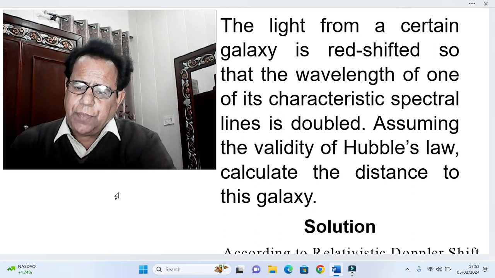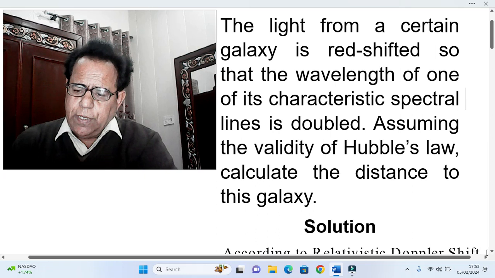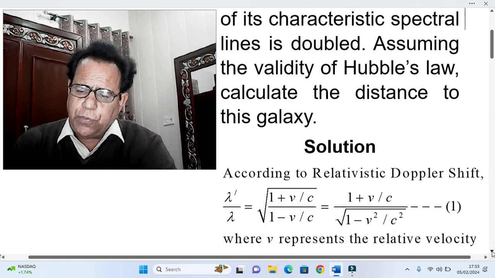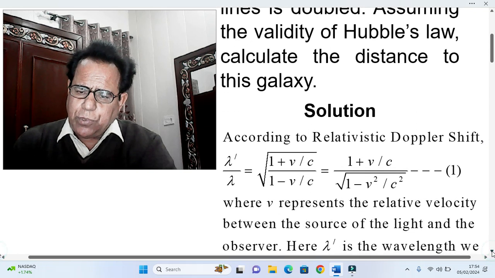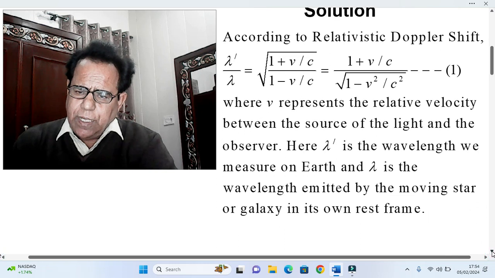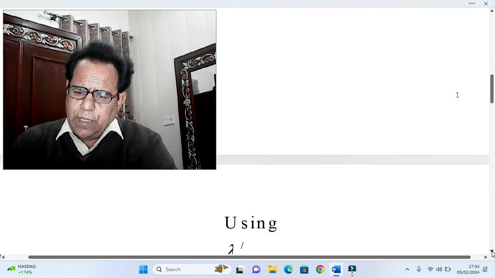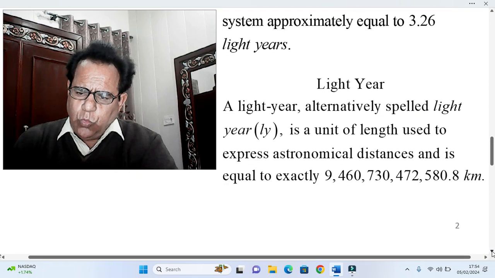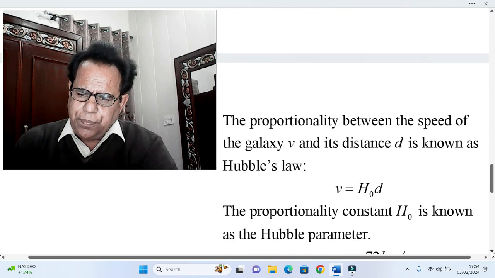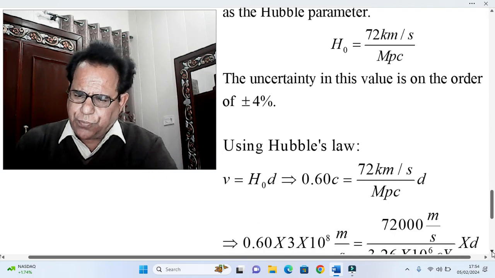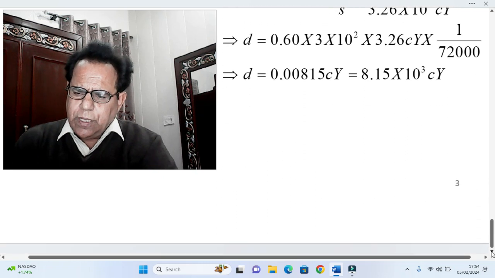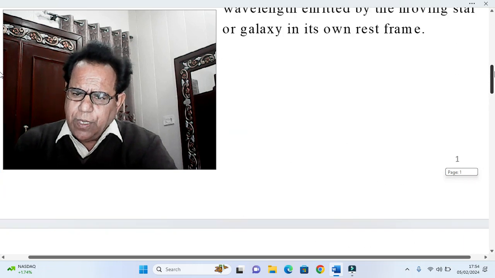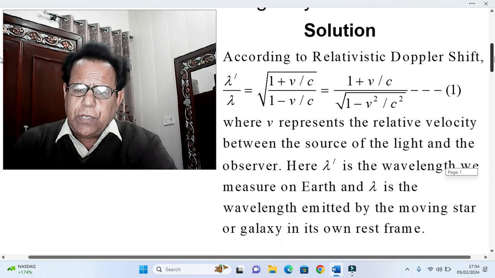As usual, before starting its solution in a formal manner, we will have to go through a few snapshots, three or four snapshots, before proceeding to its solution in a formal manner.